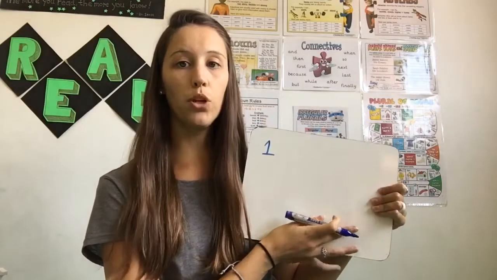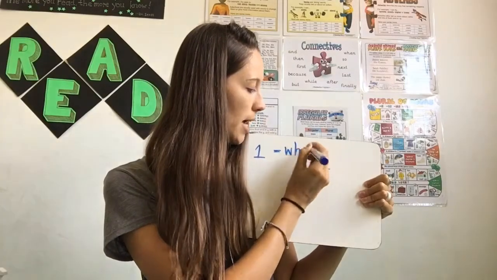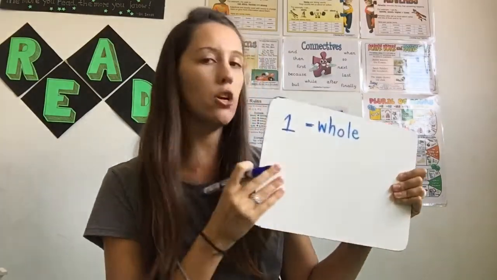So I have one whole. When we write it like this, a 1, and the word for 1 is whole. That means I have not shared any pieces.